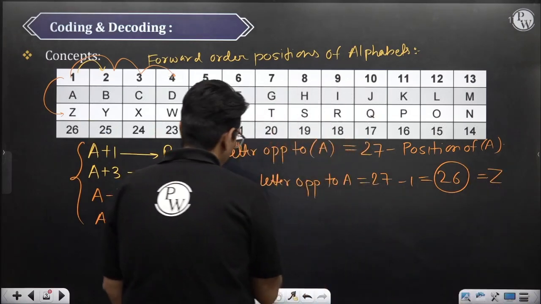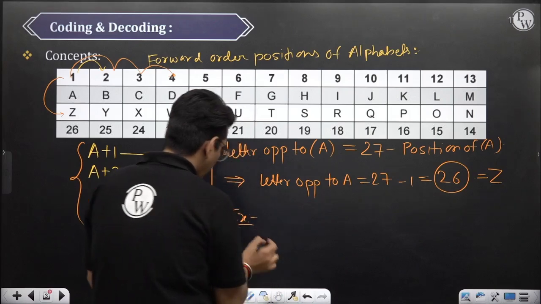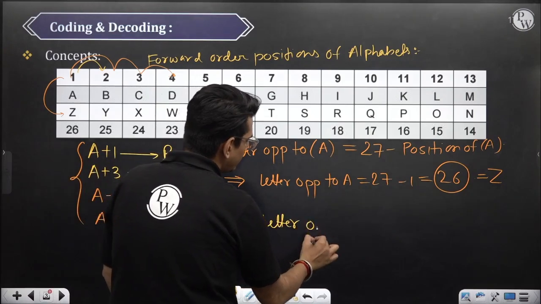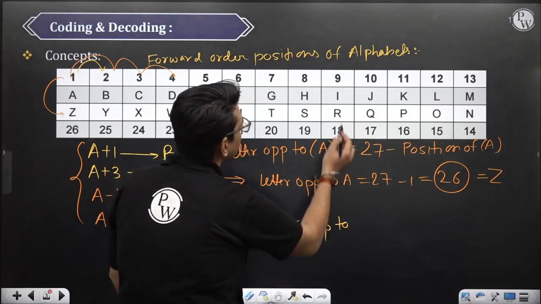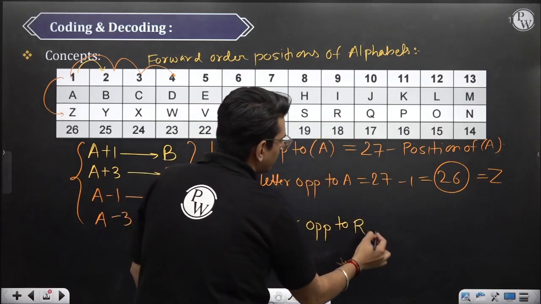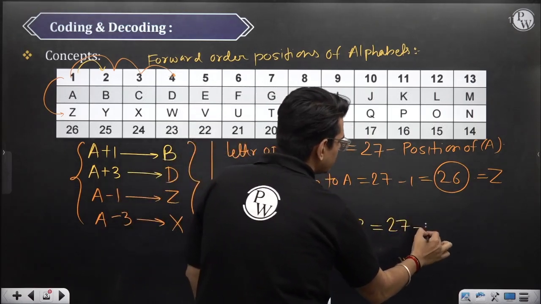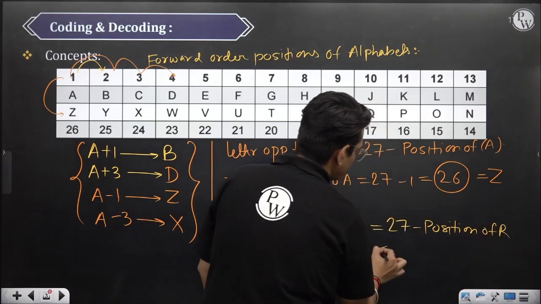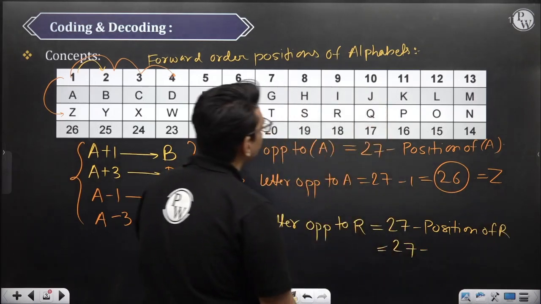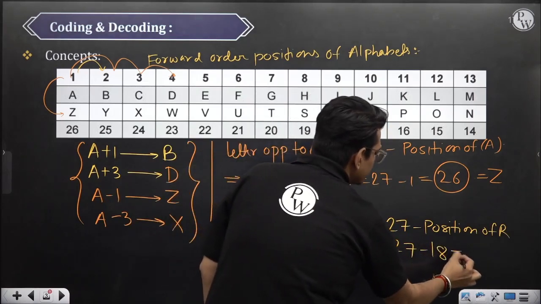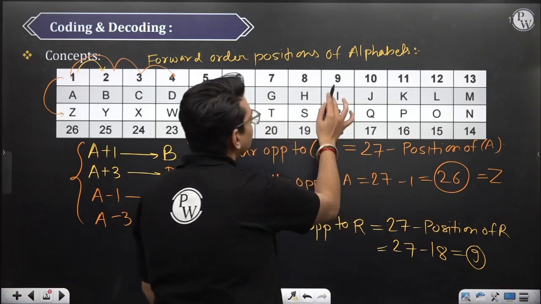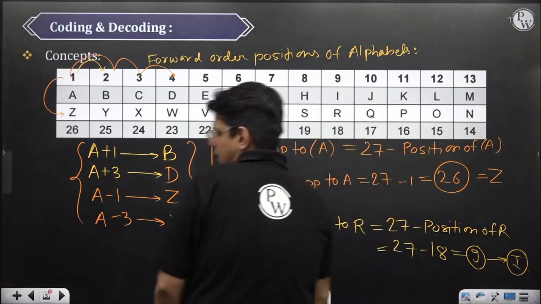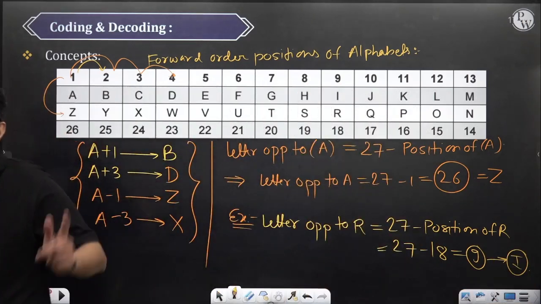Now, for example, the letter opposite to, let's say, R. This is 27 minus the position of R. R is 18, so we get 9. For 9, what is the alphabet? We will get I.